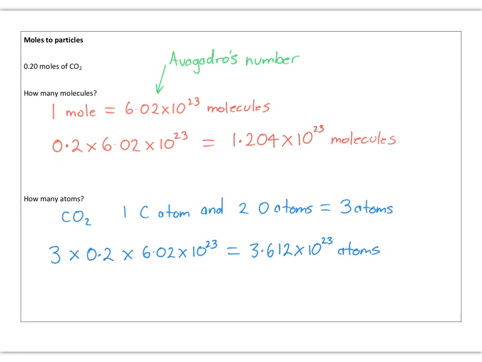Now we could have just gone straight from the molecules step and said there are 3 atoms in each molecule, 1 carbon and 2 oxygen. So 3 times 1.204 is equal to 3.612 times 10 to the 23. I've just done the full working out to get that. So hopefully that shows the conversion from number of moles to particles, and hopefully that is fairly straightforward.